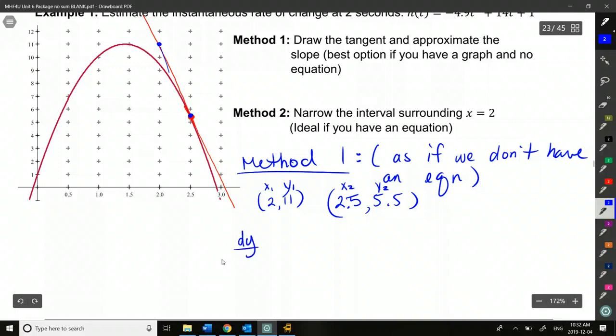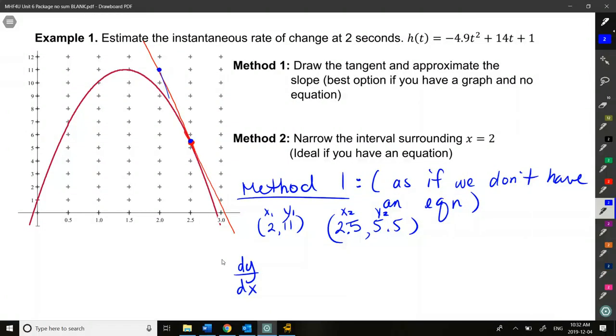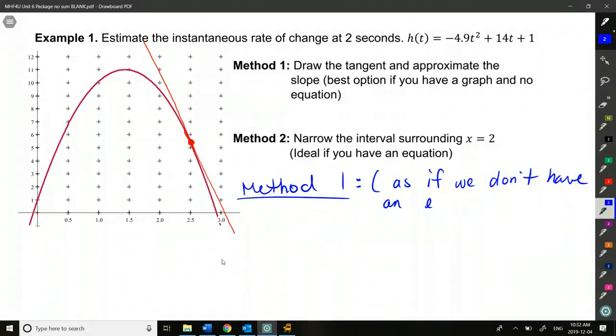Remember, we talked yesterday about how when we're doing instantaneous rate of change, we use dy over dx instead of delta y over delta x to show that we're finding an instantaneous rate of change. We should be finding, sorry, we're going to have to erase this. We're finding instantaneous rate of change at 2 seconds, and I plotted the point at 2.5 seconds.